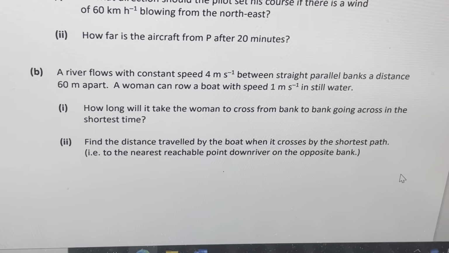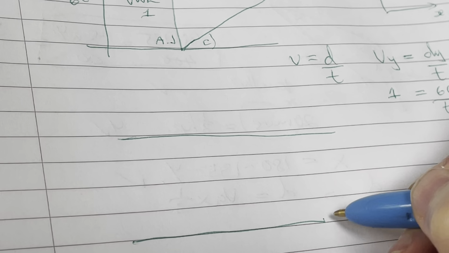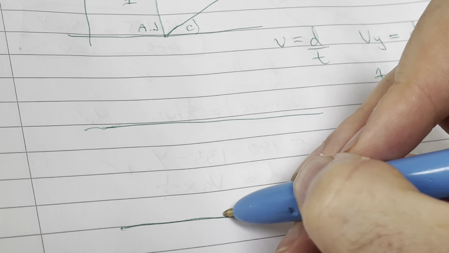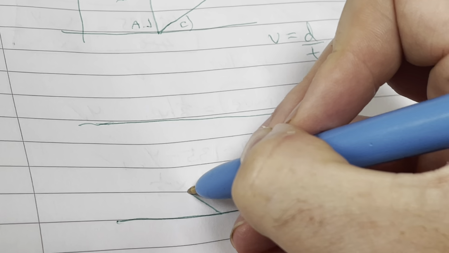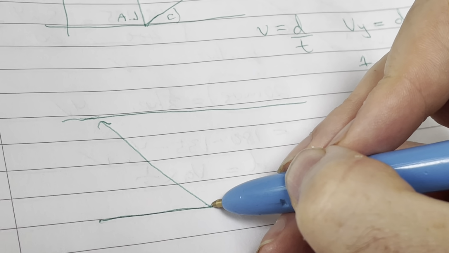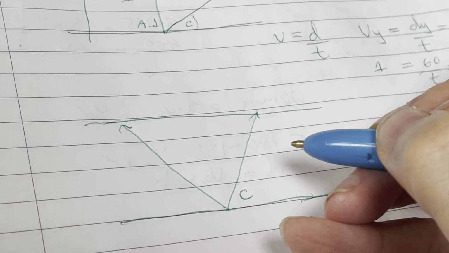Now this one, the distance travelled when it crosses by the shortest path. So in this case, what does the triangle look like? Well, we want the shortest path, so we want that angle smaller, and then C will be kind of bigger.